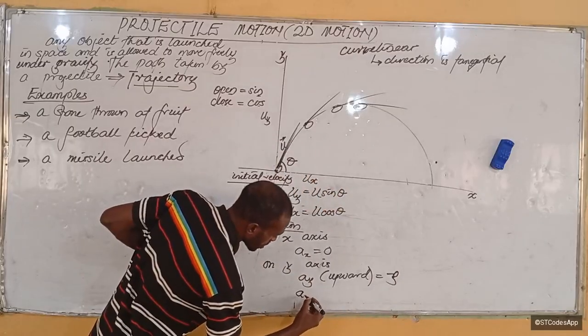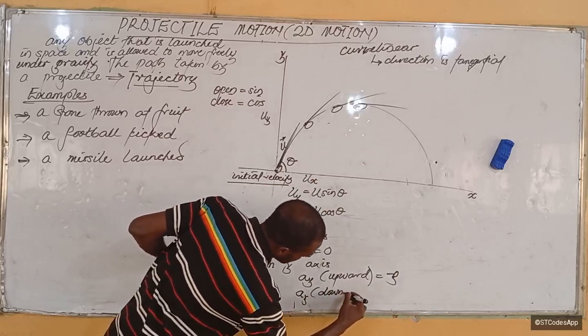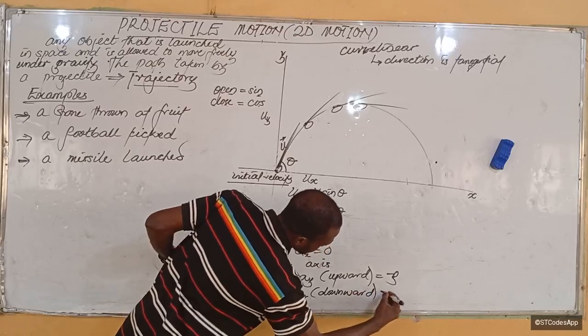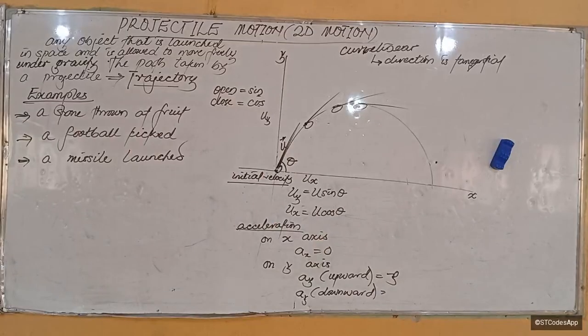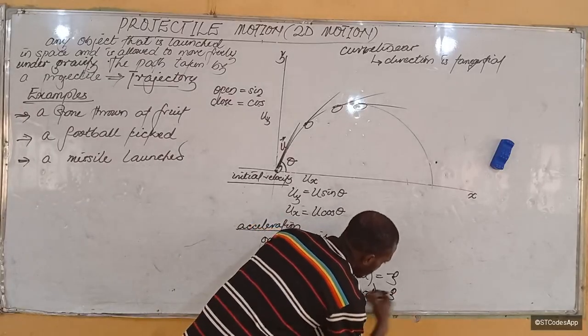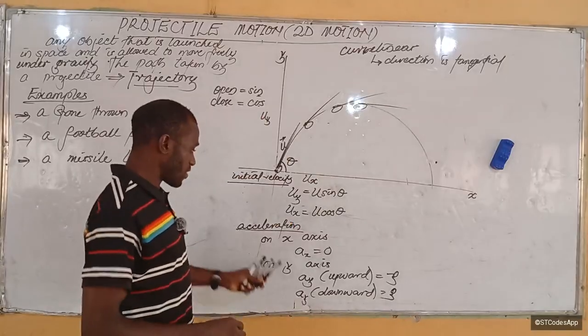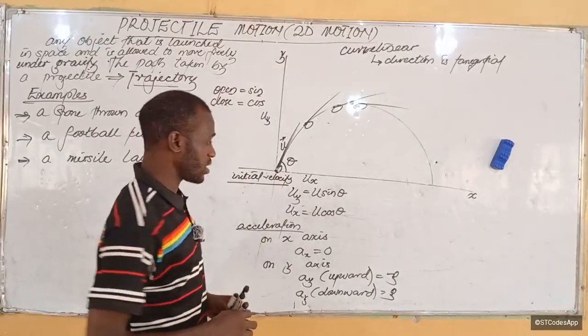While when the body is moving downward, a sub y will be what? Positive g. And all of these things will impact the formulas that we are going to be deriving.